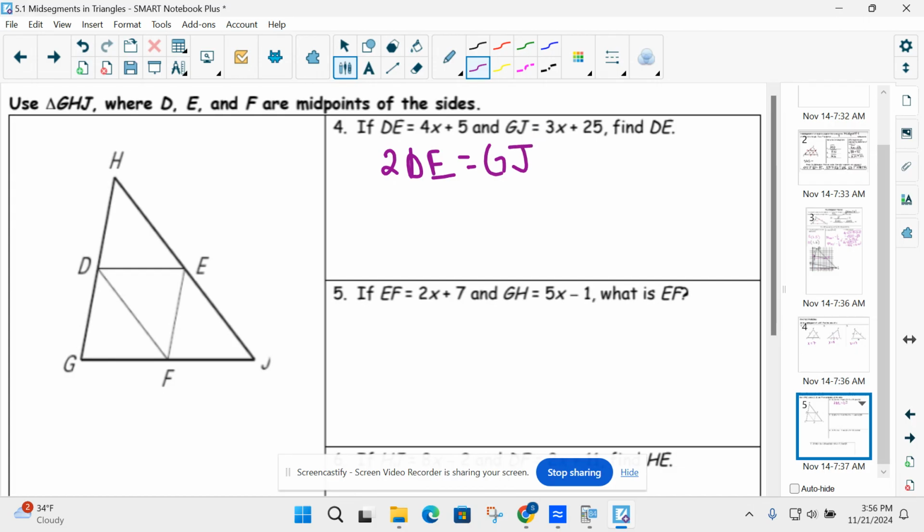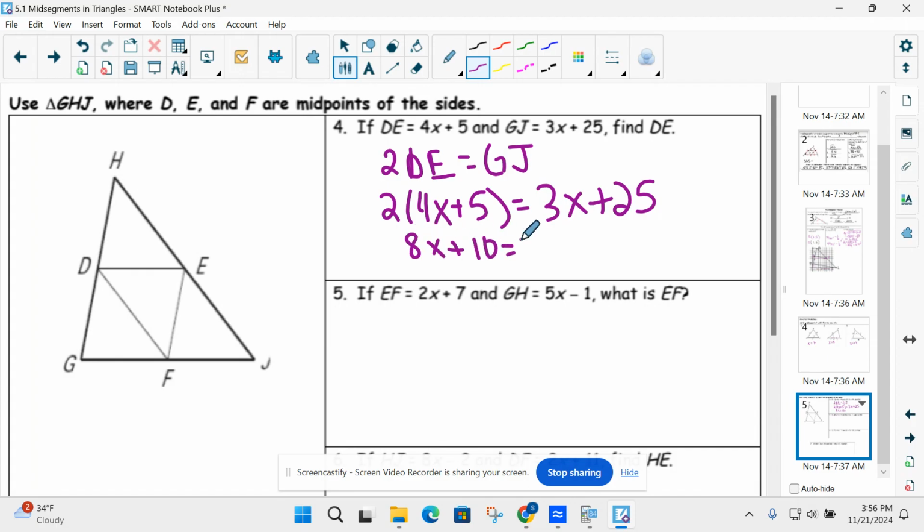Or you could do DE equals 1/2 of GJ, but I would prefer to use the 2 in this case. So 2 times 4x plus 5 equals 3x plus 25. If you simplify, you get 8x plus 10 equals 3x plus 25. Move terms over and get 5x equals 15, so x equals 3.